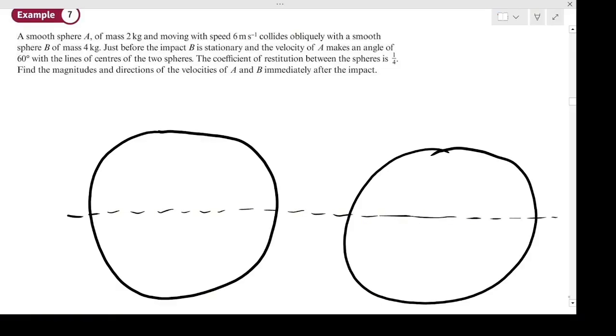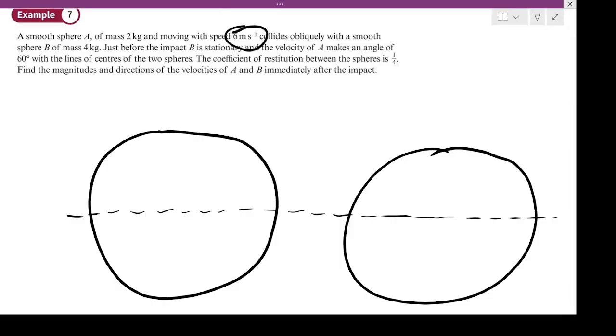Okay, so initially it's moving with speed 6 at an angle of 60 to the line of centres. So it's probably going to look something like that, let's say. So this angle here is 60 to the line of centres. Hopefully you can see that. And the speed is 6. Okay, so hopefully happy with that.